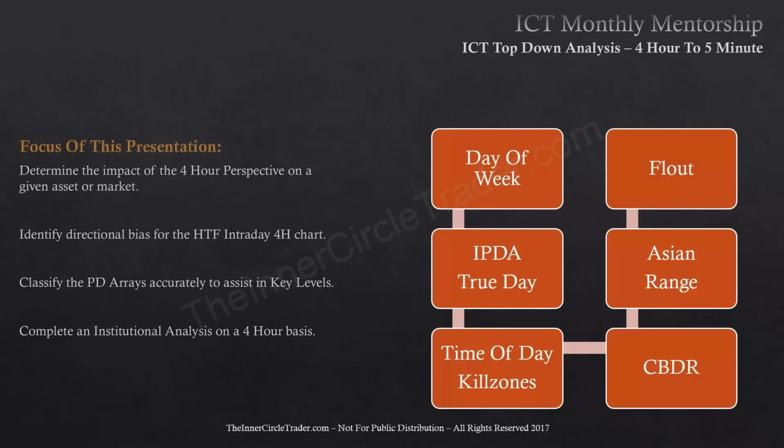And now the flout. I'll be including the deviations on the flout, which is basically the Asian range and central bank dealers range time window to combine that total range, high and low. I'll be looking for standard deviations for that, and we'll talk more about that when we get into deeper discussion for this presentation.